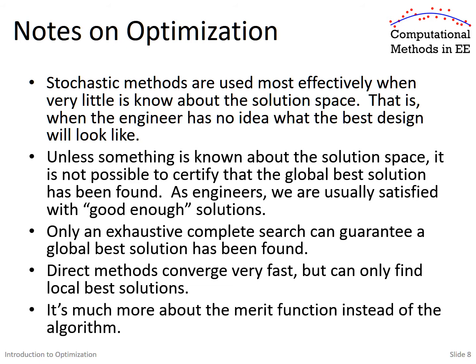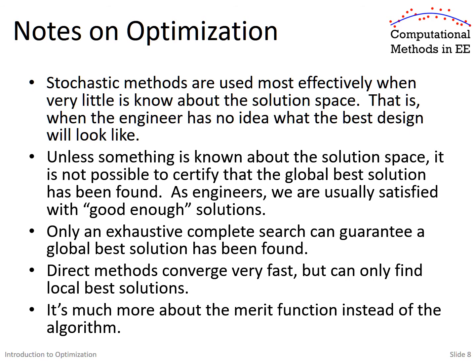And in my experience, you'll always hear people contrasting genetic algorithms versus Newton's method versus all those other things. All of these algorithms work, and really within a week or so, you could get any of these algorithms to work. If you practice at it, probably just an hour or so. But you'll spend your entire PhD working on that merit function. And the best optimizations, I believe, have a merit function that has to evolve. Normally that merit function would start very loose and accept a lot of different things.